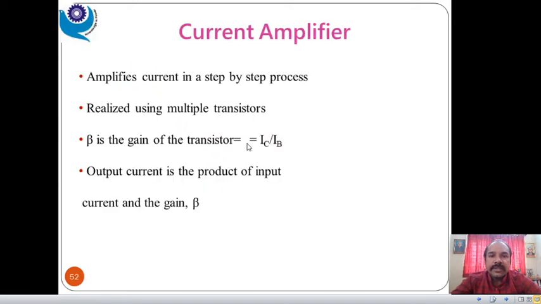Moving to the next point, that is the current amplifier. A very important thing. Whatever parameters we have seen so far, we have amplified the voltage, which is nothing but amplitude. But here the factor is current. When a sensor senses an external parameter, it converts that into electrical current or voltage, which is very small, millivolt or microvolt.